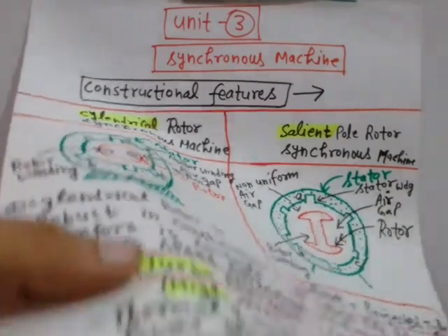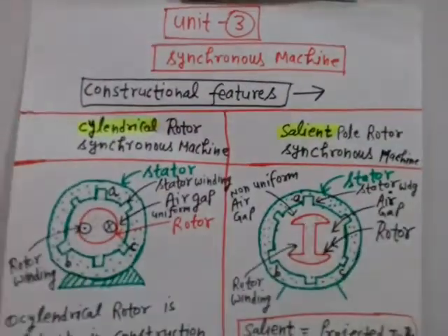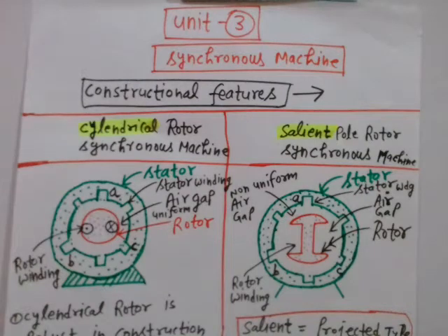Let us first discuss the construction features and construction details of synchronous machines. In any electrical machine you will find basically two parts: one is the rotating part, that is the rotor, and the other is the stationary part, that is the stator.